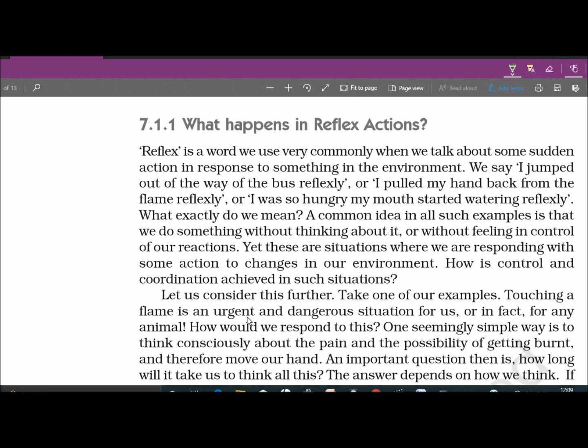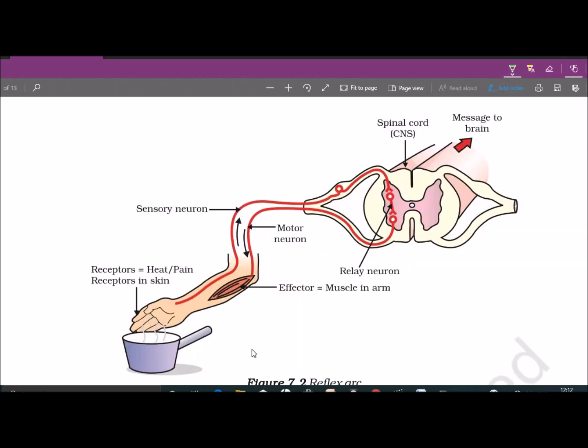It is controlled by the spinal cord and does not involve thinking. The latter is a complex activity and involves the interaction of nerve impulses from many neurons. As such, it is time-consuming and impractical in situations that require an immediate response.